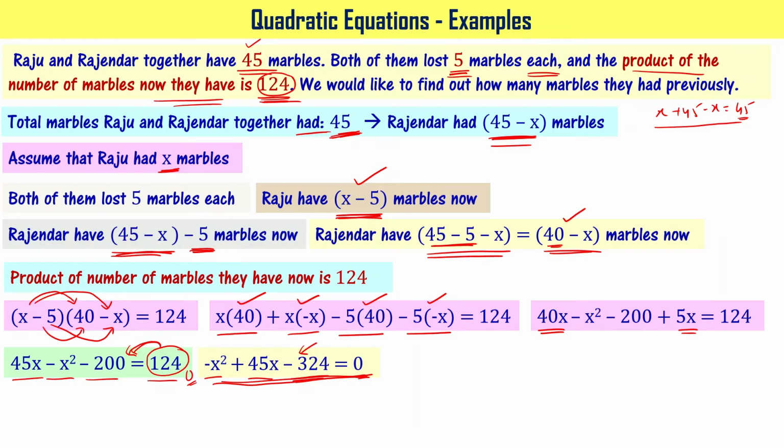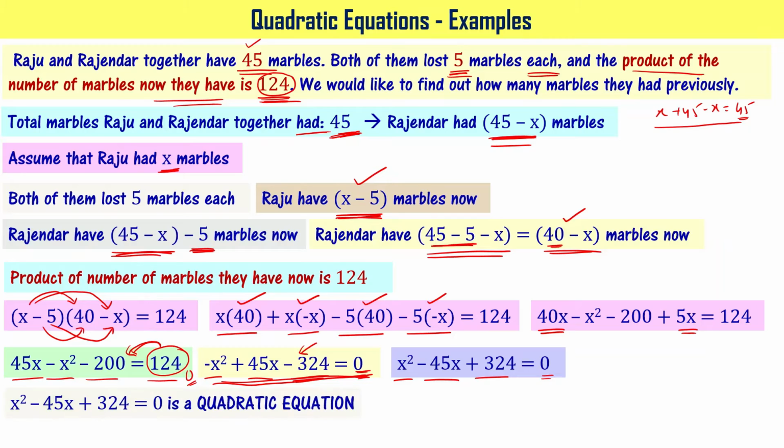I can do one thing. I can multiply every term with minus 1. When I do that, the equation becomes x square minus 45x plus 324 equal to 0, because 0 times minus 1 is 0 only, right? Now you have the equation x square minus 45x plus 324 equal to 0, a quadratic equation representing the problem statement given.